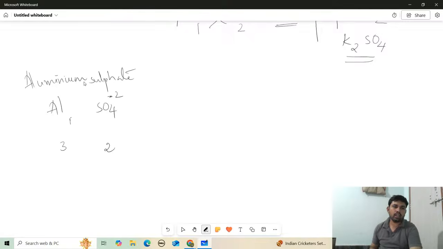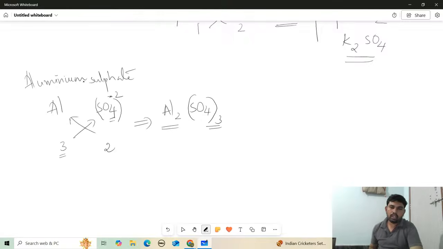We write crisscross arrows, and now here is the problem. Whenever a different number is there, you can see here 3 and here 4, there is no need for multiplication, just take brackets here. So I'll get aluminium 2 times and SO4 in brackets, writing 3 here. So the formula will be Al2(SO4)3.